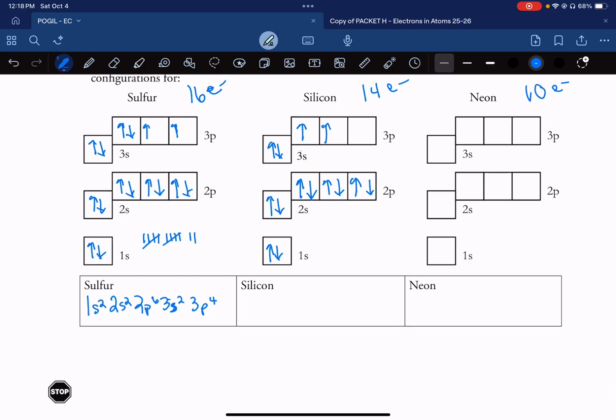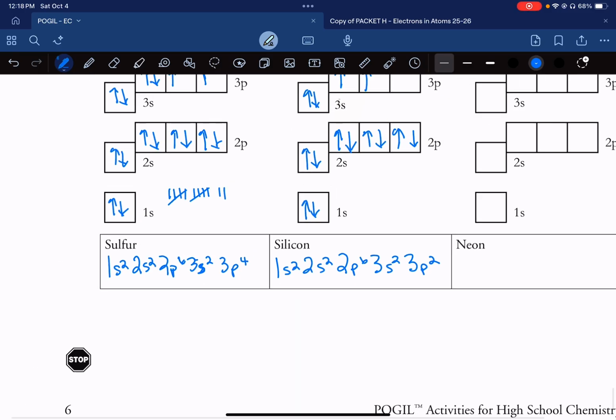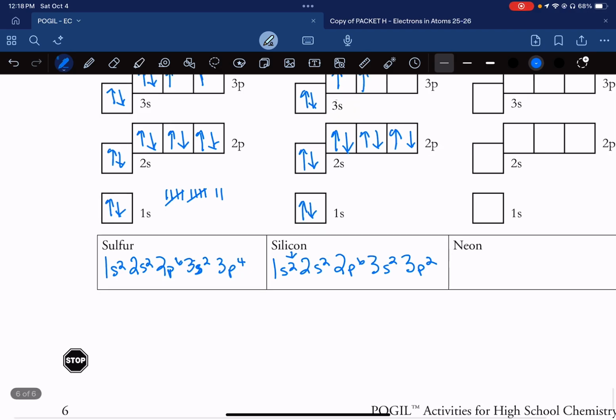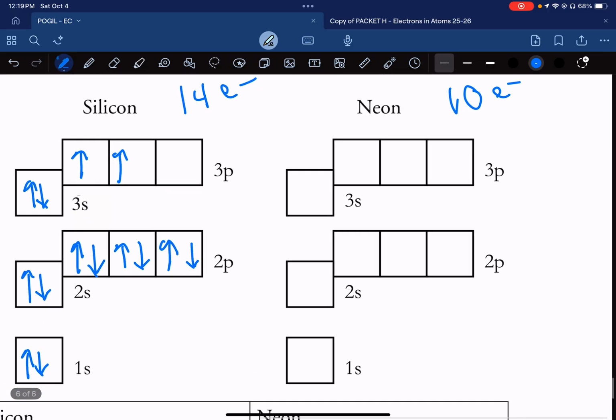Another thing is the sublevel. It is unclear with the boarding house model that, for example, the s sublevel is lower energy than the p, because in our boarding house, they're all at the same level. So I think that's really what they're going for there.